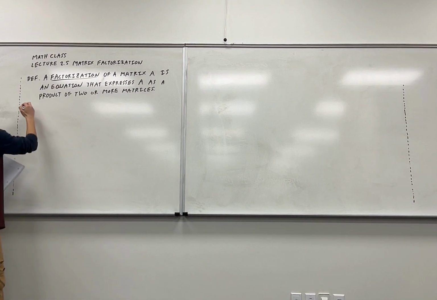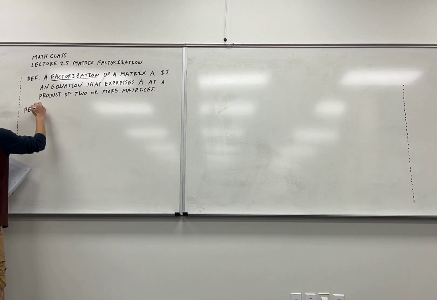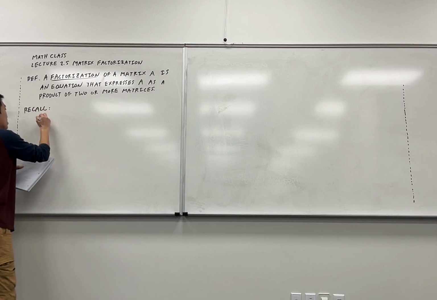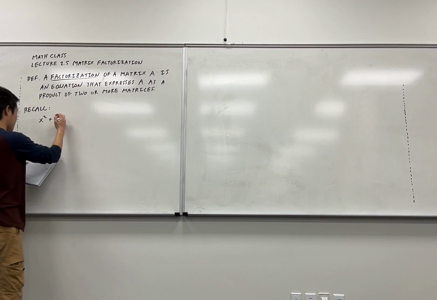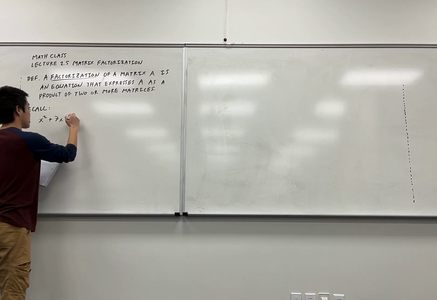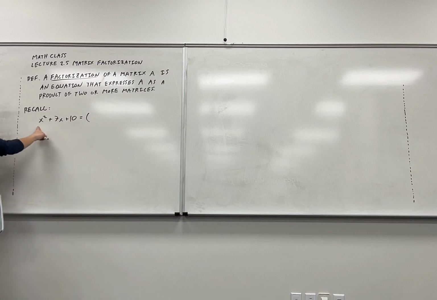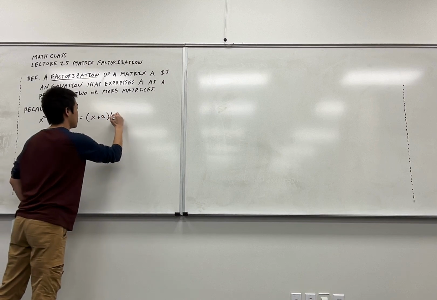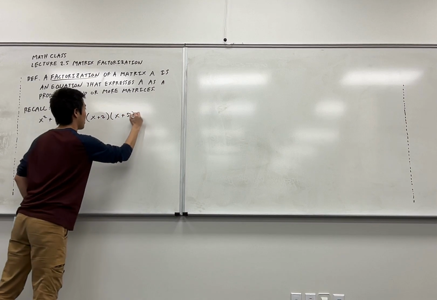Okay, so recall way back in algebra, for example, we can factor a quadratic. If I had something like x squared plus 7x plus 10, I can take this exact same representation and make it a product of two binomials. I can say that this is (x plus 2) times (x plus 5).